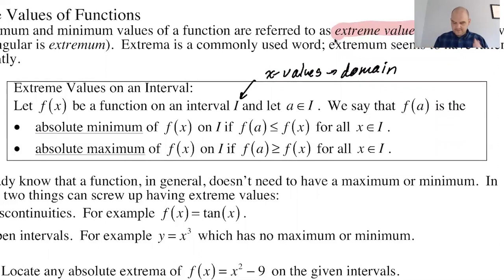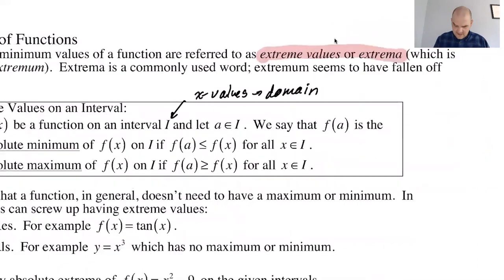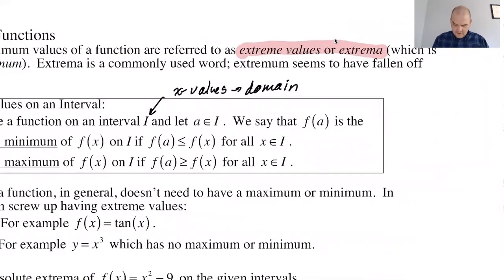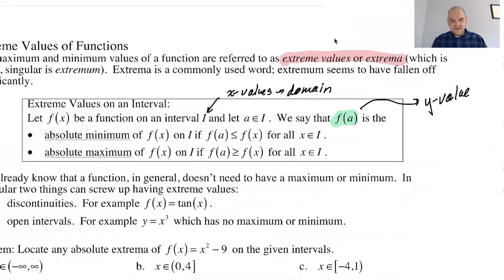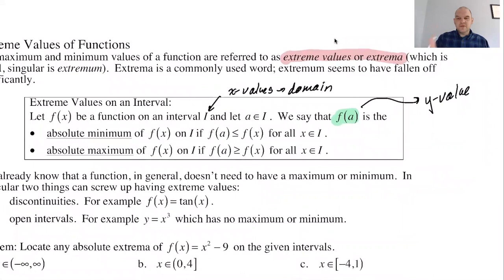Then we're going to say that f of a, which is a y value, right? That's actually a big deal to think about, is a y value. So f of a is the absolute minimum of f of x, of the function, on this particular domain.